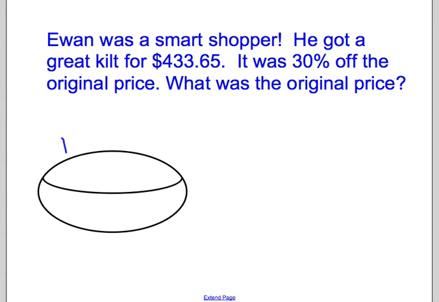First off, above our circle here, we're going to write 100%, and that's going to give us the total cost. The full circle as a whole is the 100%. Whatever the total cost is would go along with that.